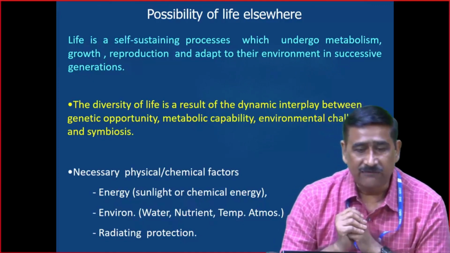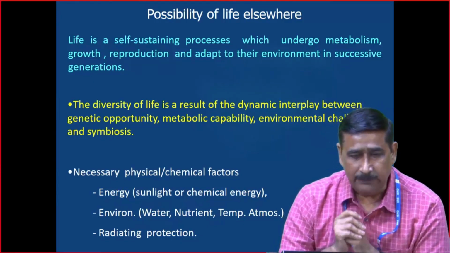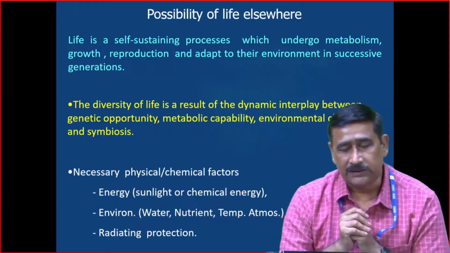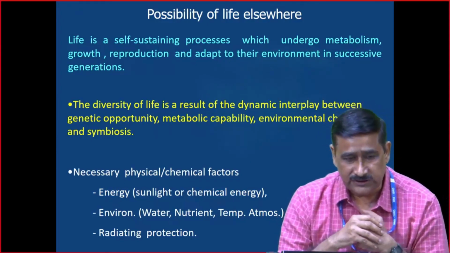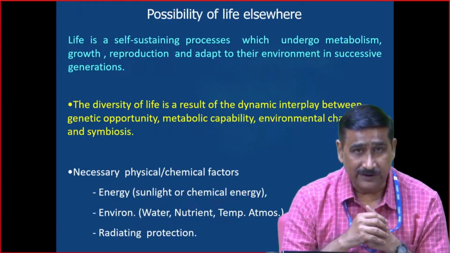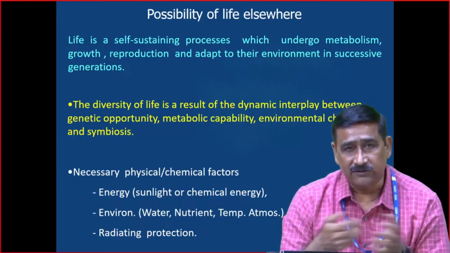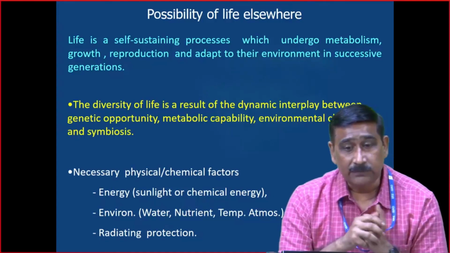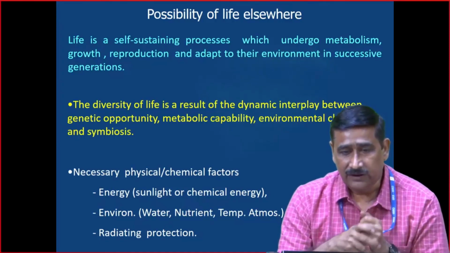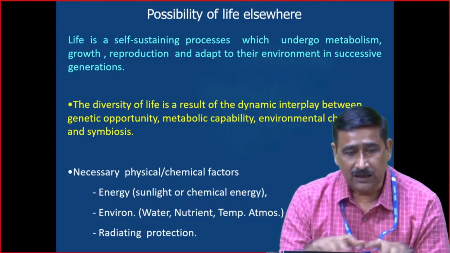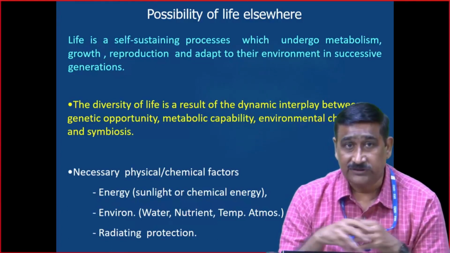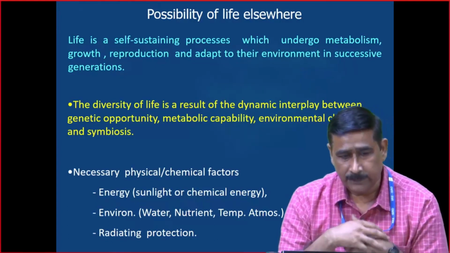The diversity of life is a result of the dynamic interplay between genetic opportunity, metabolic capability, environmental changes, and symbiosis. That is why I see so much diversity, so many types of animal and plant systems. How do they come about? They come because of the dynamic interplay between many environmental conditions and genetic opportunity, which has evolved over time.